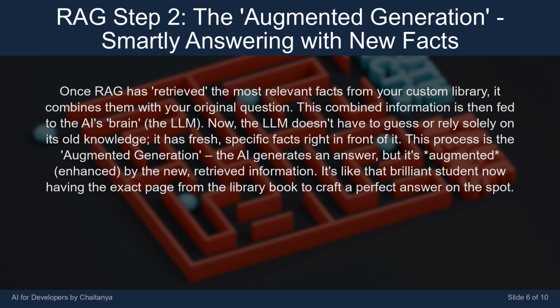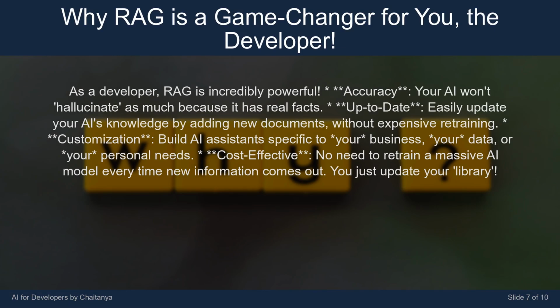This process is the augmented generation. The AI generates an answer, but it's augmented, enhanced, by the new, retrieved information. It's like that brilliant student now having the exact page from the library book to craft a perfect answer on the spot.